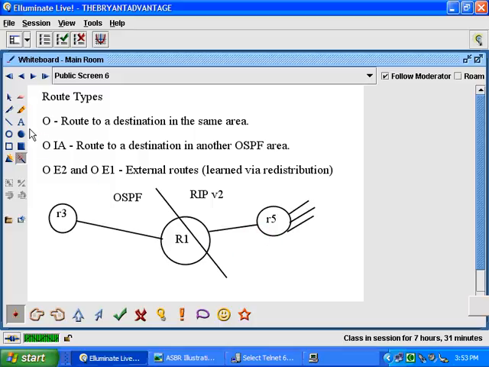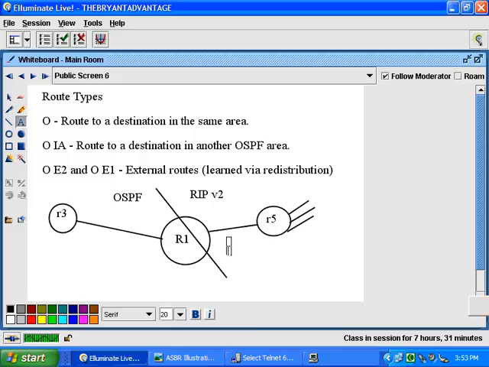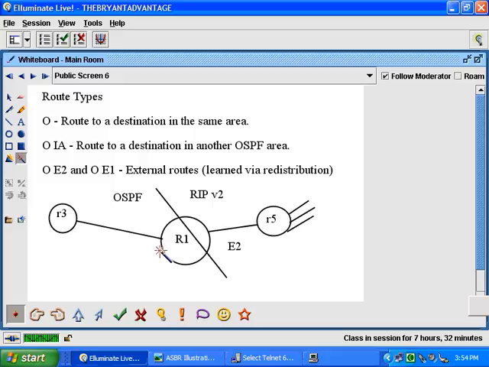So when we've got E2 routes, the only thing that metric reflects is the cost between the ASBR and the routes being redistributed. It does not include the cost between router 3 and router 1. That's the default. They came up with it a long time ago, before you and I came along, but I'm not that crazy about it. I would prefer my router 3 here to have a more accurate cost.